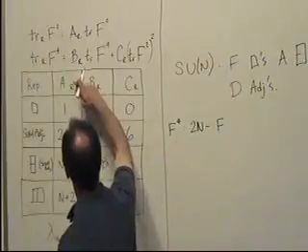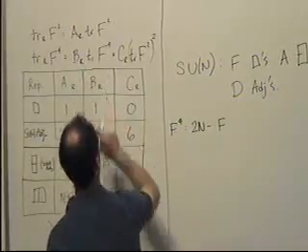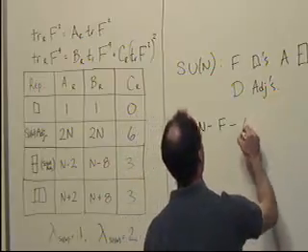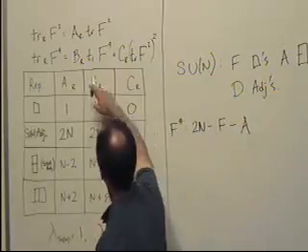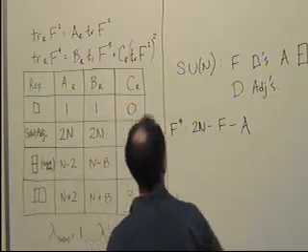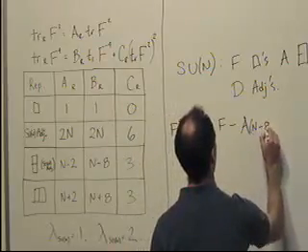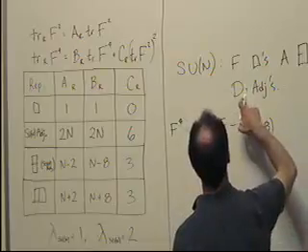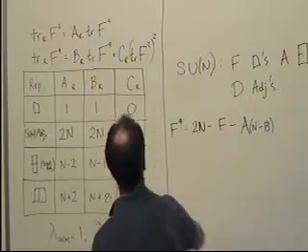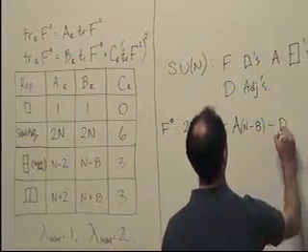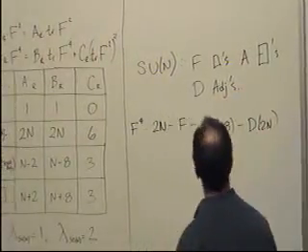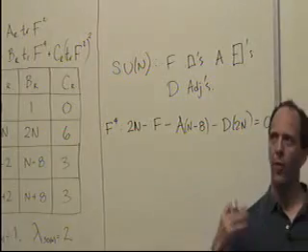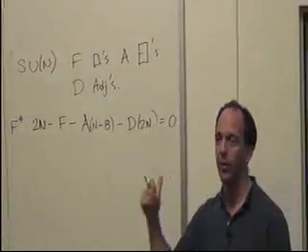The B for the fundamental is 1, so minus F, then we have A antisymmetrics. That has to multiply by n minus 8. And then we have to subtract D times the number of adjoints, which we already did, minus D times 2n, equals 0. So that's the F to the fourth anomaly cancellation condition for this set of theories.